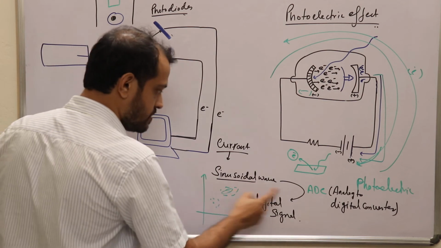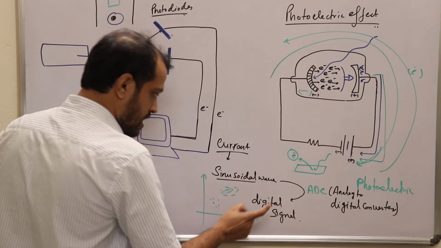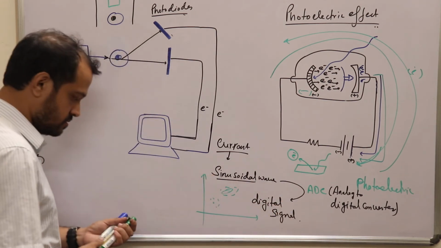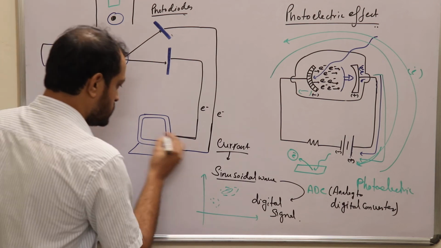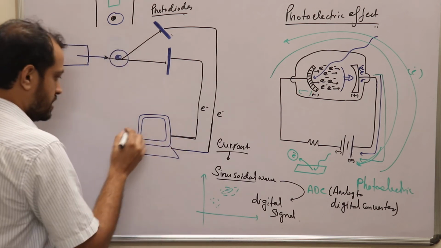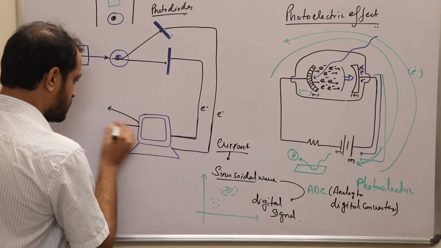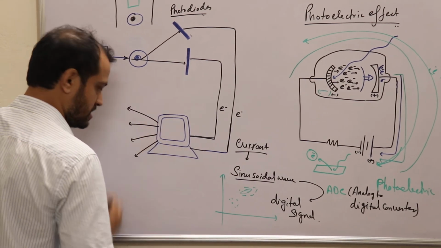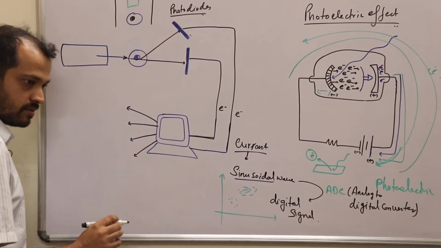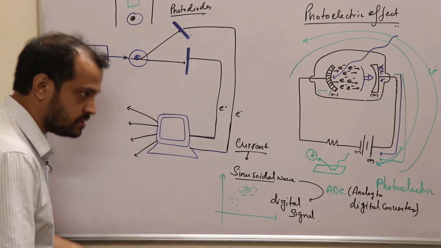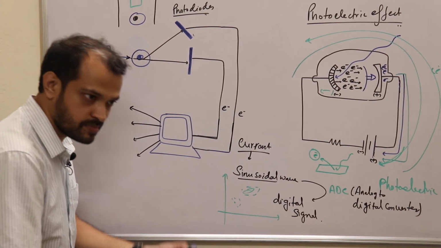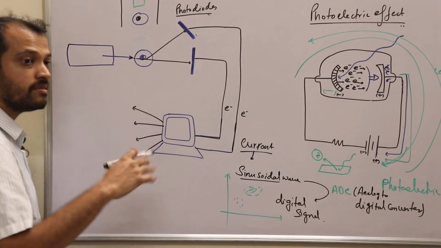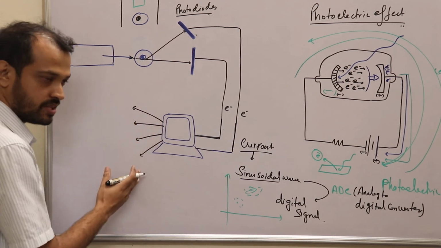Now the sinusoidal wave has been converted to a digital signal, and this digital signal will be shown in a computer. Now listen, the computer has four options. The computer will provide you the result of your flow cytometry experiment in one of four methods.